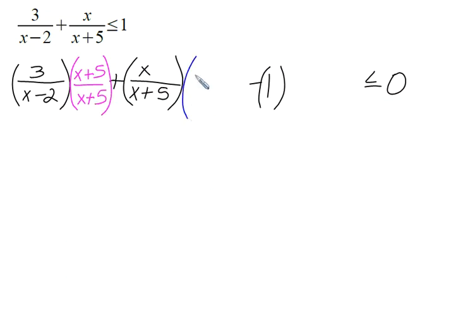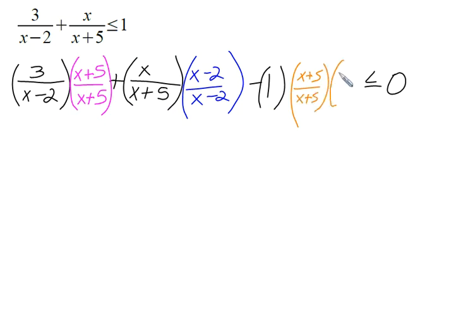For the second expression, it's missing the x minus 2, so we'll multiply by x minus 2 over x minus 2. And this final expression is missing both the x plus 5 and the x minus 2. So we'll multiply by both x plus 5 over x plus 5 and x minus 2 over x minus 2.